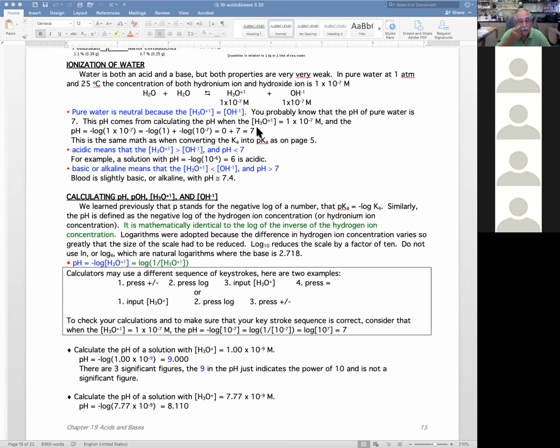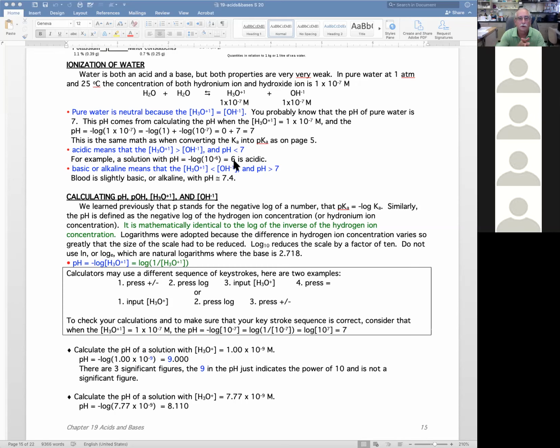So let's do an example of that. So say neutral water, pH 7, so we got 1 times 10 to the minus 7. What would be a more concentrated value for that? Maybe 1 times 10 to the minus 6, 10 times more concentrated of hydronium ion. That would give us pH 6.